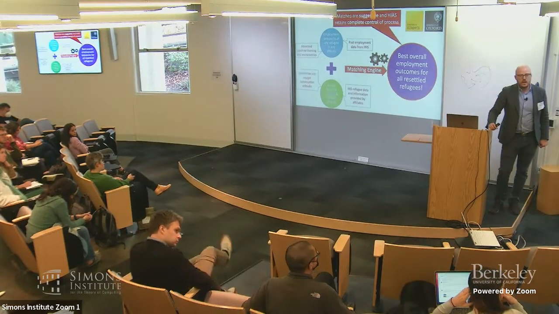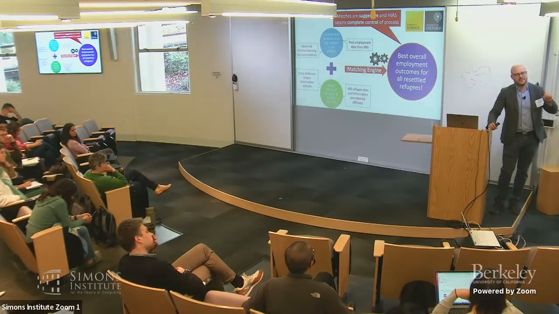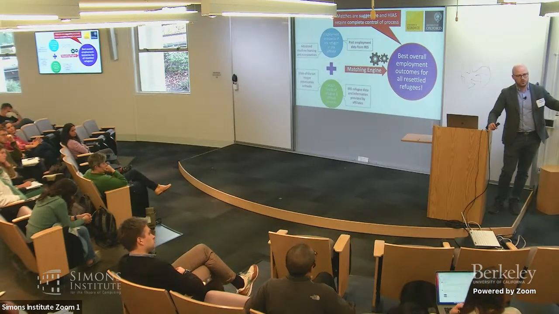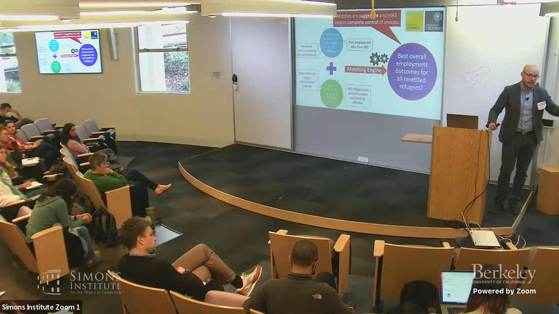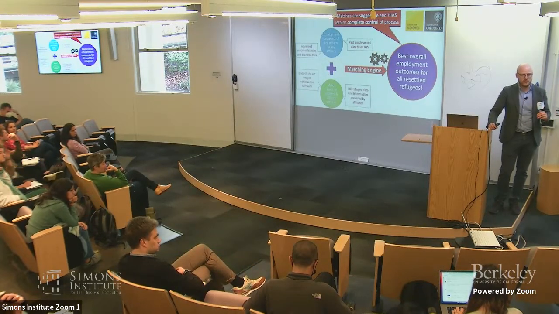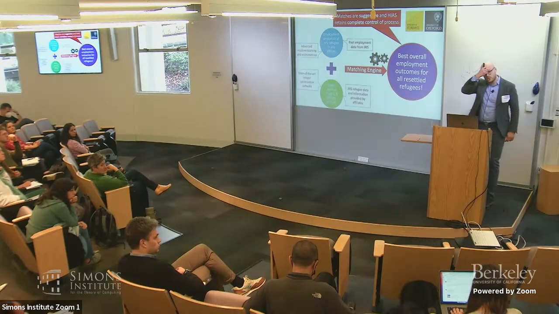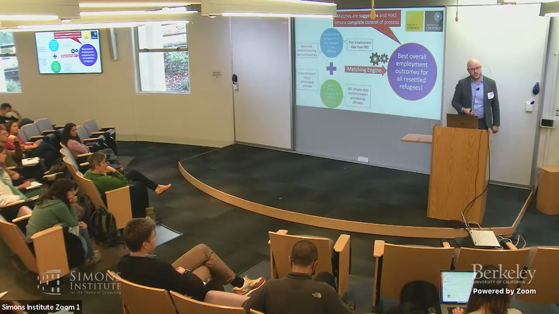What I'm not going to tell you anything about is what makes affiliates good at giving particular refugees jobs. We're going to treat them as a black box. I'm not even going to care about what the characteristics of the affiliates are. It's a good question. Anecdotally, if you talk to any refugee who has come to the US, the community aspect seems to really matter. People tend to find it easier to find jobs if they've been resettled to a community from their country. But this is anecdotal.